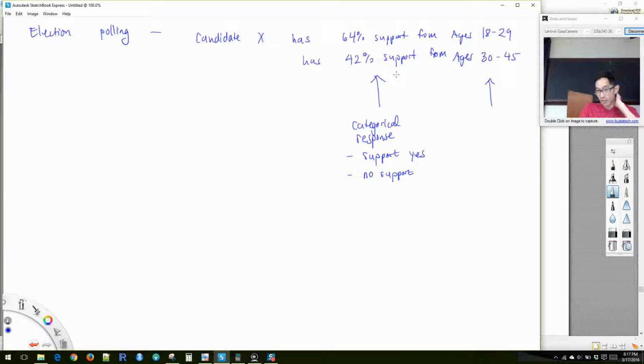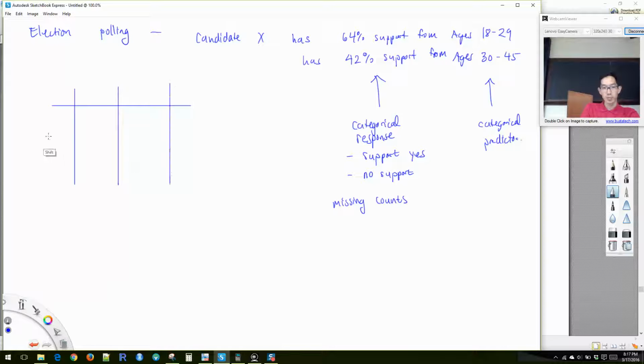So with this summary data, we can't actually do our analysis because we are missing the actual counts, okay? And this would be a categorical predictor. What we would have is age 18 to 29, age 30 to 45 or whatever it is, okay?